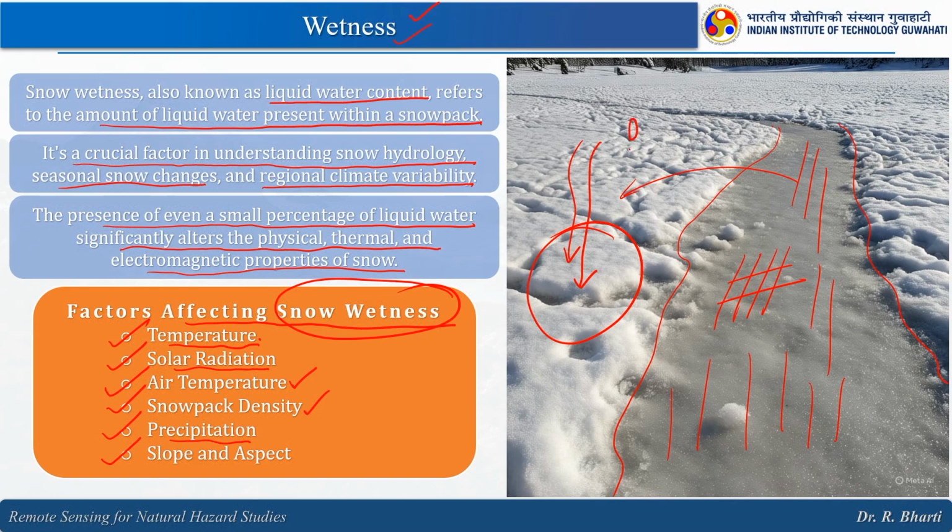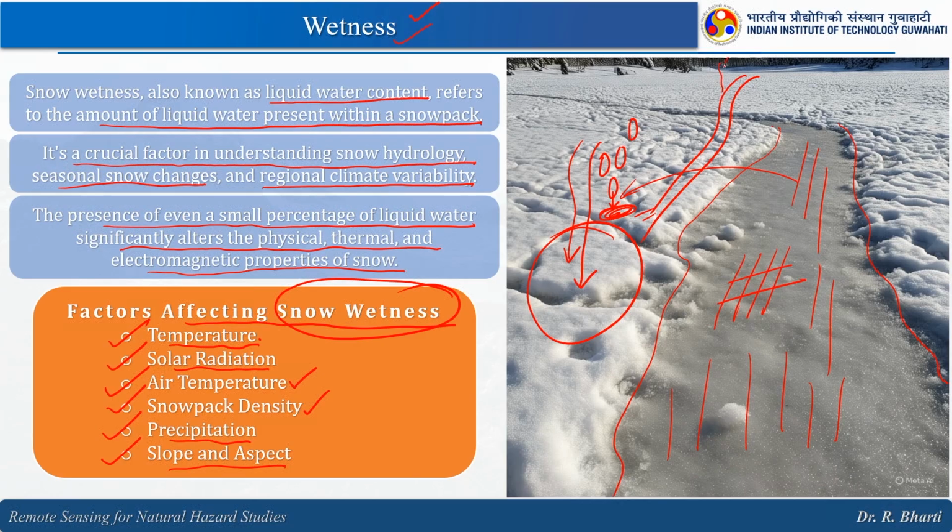We all know that the precipitation, the water droplets, also bring energy along with them, and that will change the liquid water content of this snowpack. Then the slope and aspect, because depending upon the topography the flow will happen.